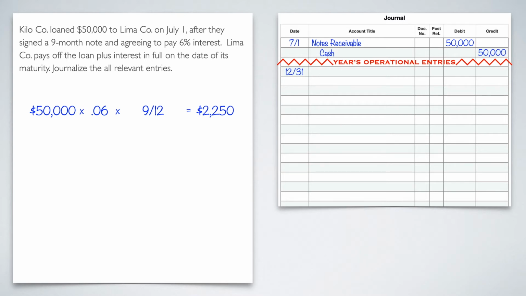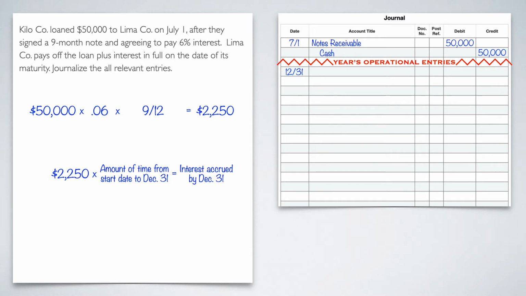Now we've got to calculate how much it's going to be up to December 31st. So for that, we would do total interest times the amount of time from the start date to December 31st. And that's going to give me my interest accrued by December 31st. So my total interest we just said was 2,250. The amount of time from start date to December 31st, well, you got to count July because it's July 1st.